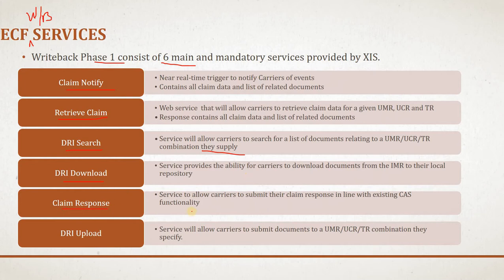Then you have a claim response service that allows the carrier to submit their claim response in line with the existing CAS functionality. Then you have the DRI upload functionality, which means the service will allow the carrier to submit documents related to the UMR, UCR and transaction to the IMR system.